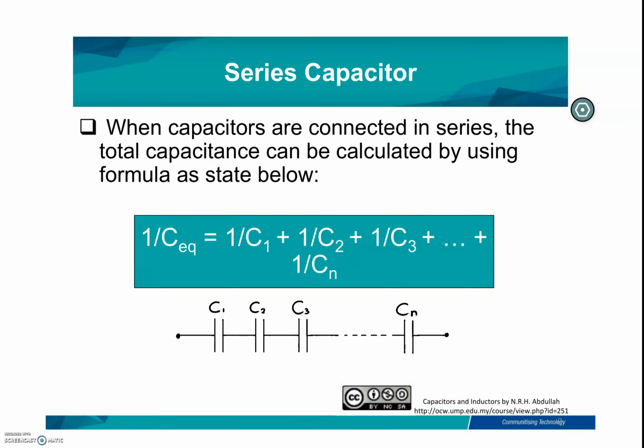For capacitors in series, the total capacitance can be calculated using the formula stated below: 1 over C equivalent is equal to 1 over C1 plus 1 over C2 plus 1 over C3 until 1 over Cn.